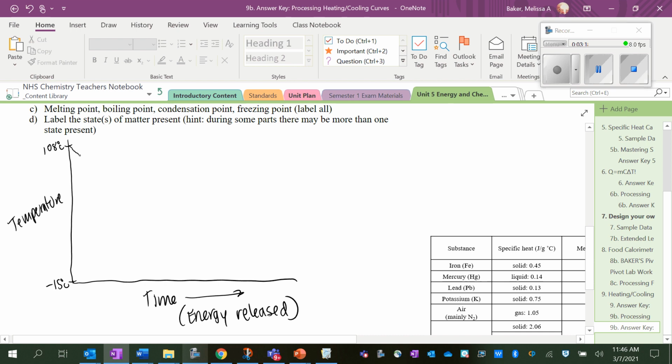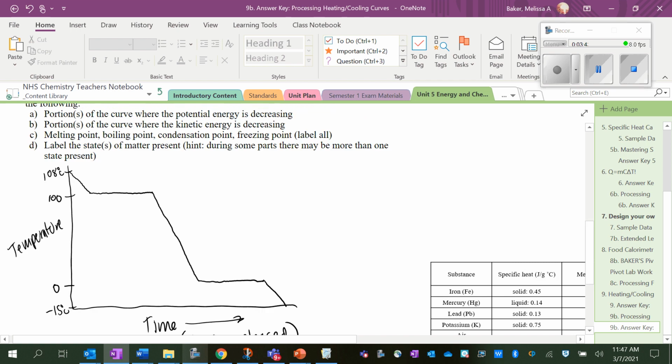It's going to go down, and then right around 100 degrees, it's going to plateau because that is the special temperature for water where it goes from a gas to a liquid. Then it cools down again until it hits about 0 degrees Celsius where it freezes. So it's going to plateau, and then it's going to go down again as it gets colder as a solid.